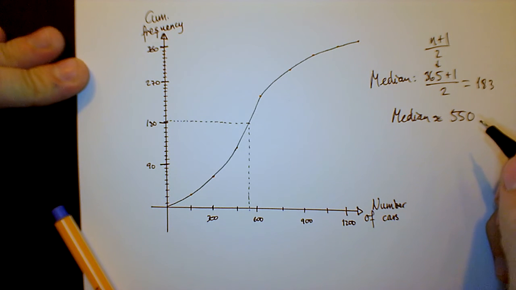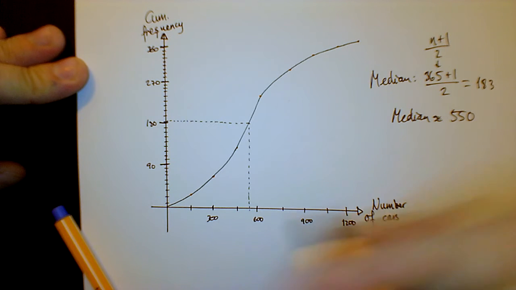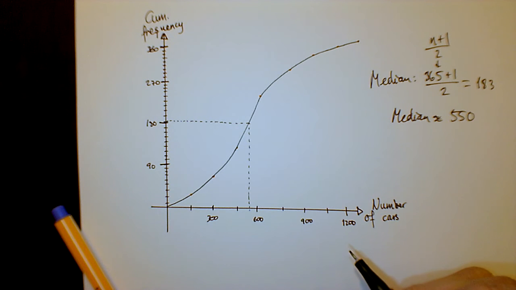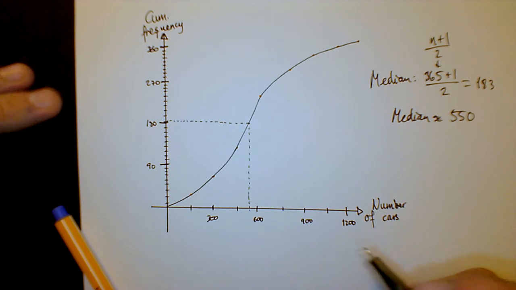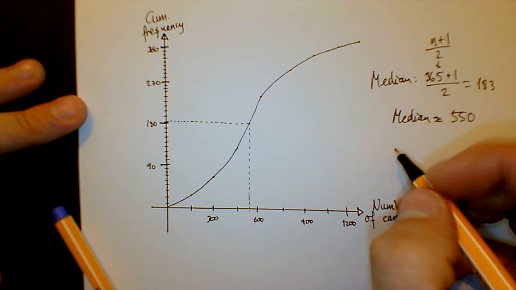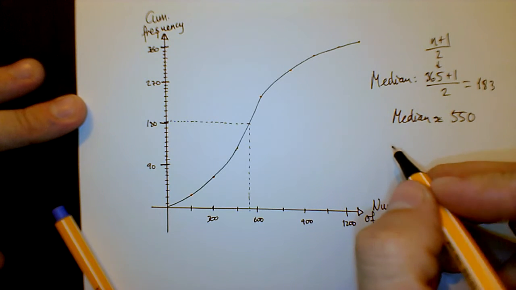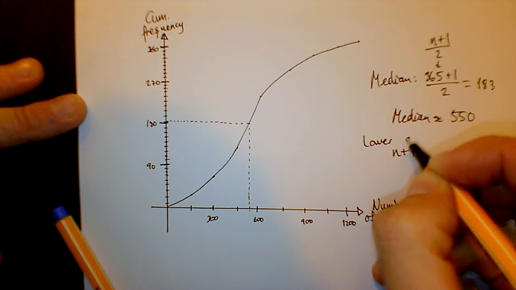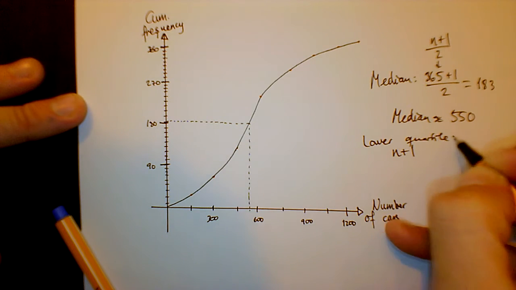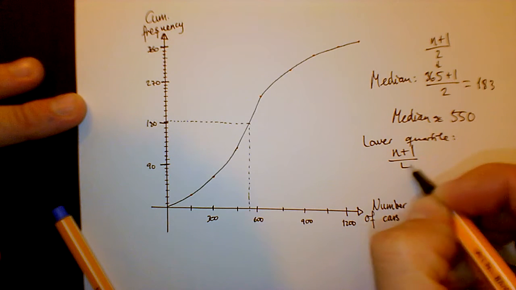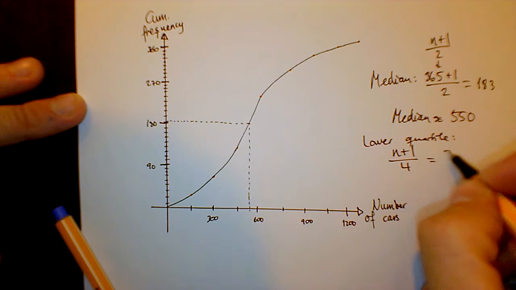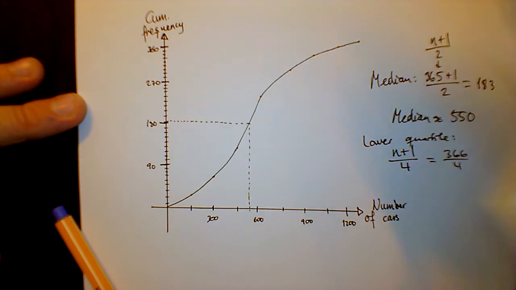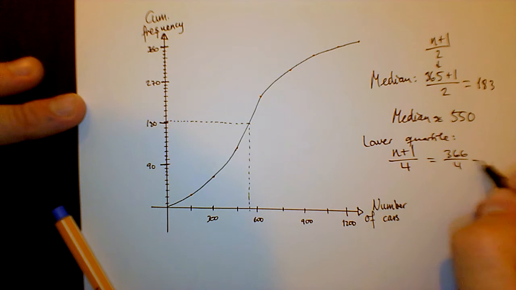Next, we are to find the interquartile range. So to do that, we have to find the lower quartile and the upper quartile. So to do the lower quartile, we look at value number n plus 1 divided by 4. So that would give us 366 divided by 4, which is 91.5.